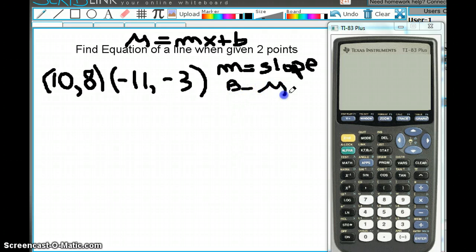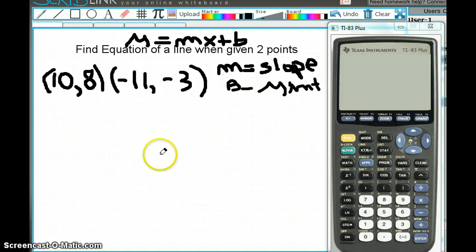I'll just put y-int for intercept. So if you know the m, which is the slope, and you know the b, which is the y-intercept, then you can easily plug it into the equation to give you the equation for that line you've drawn.